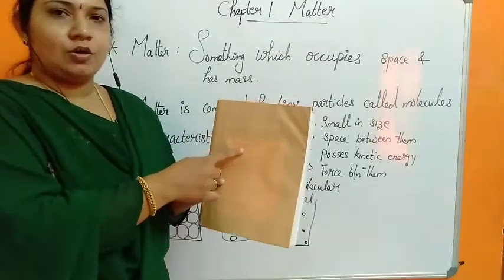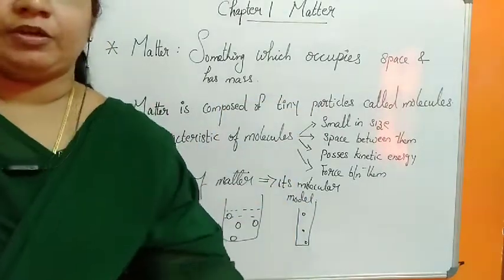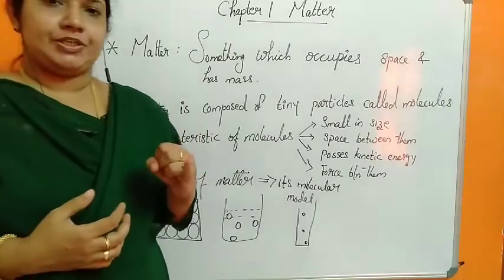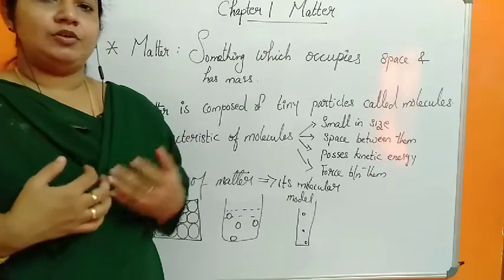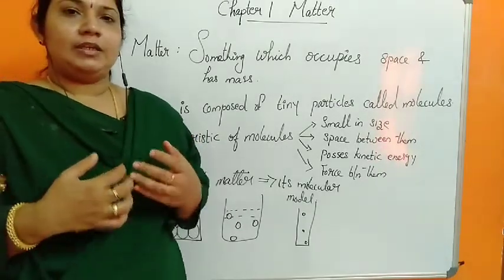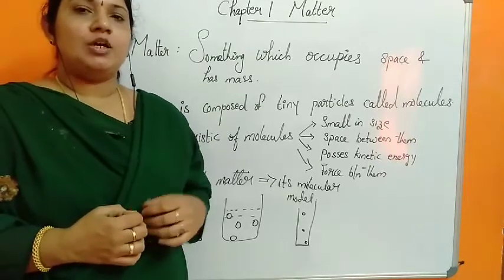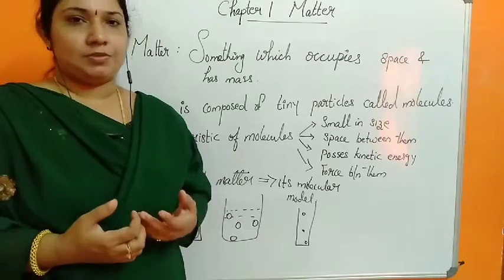So this is called force of adhesion. So intermolecular force is divided into force of cohesion and force of adhesion. Force of cohesion means force of attraction between the molecules of the same substance. Force of adhesion means force of attraction between molecules of different substances.